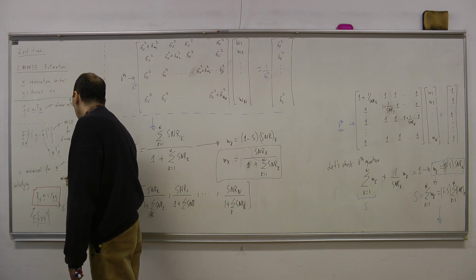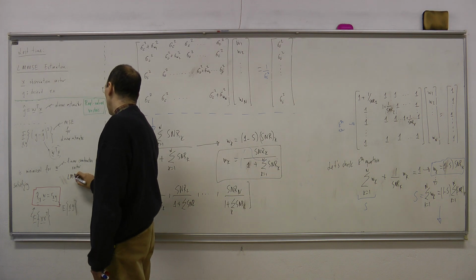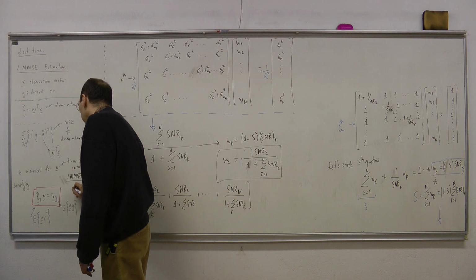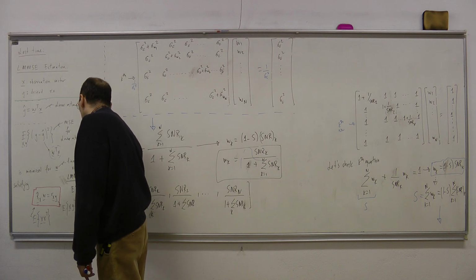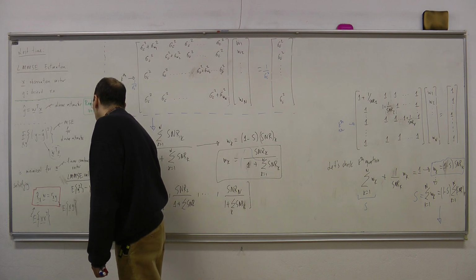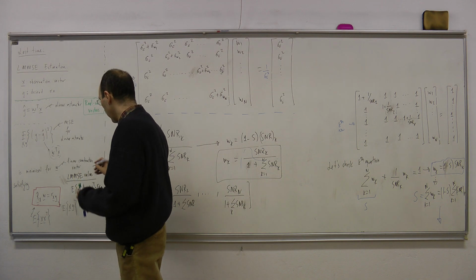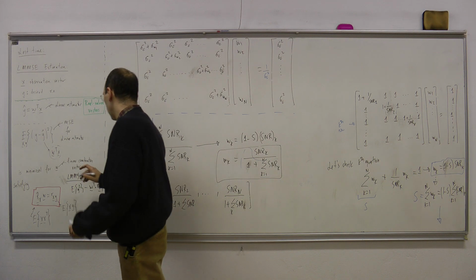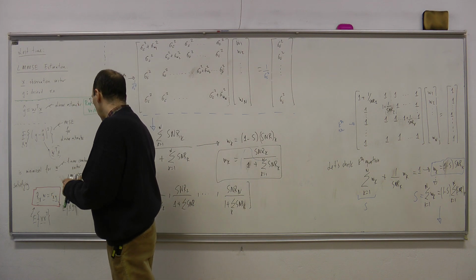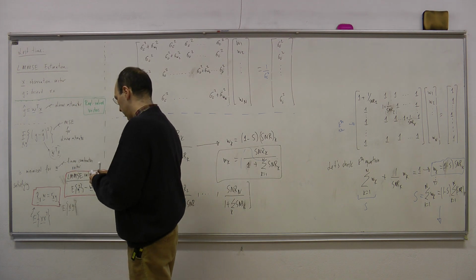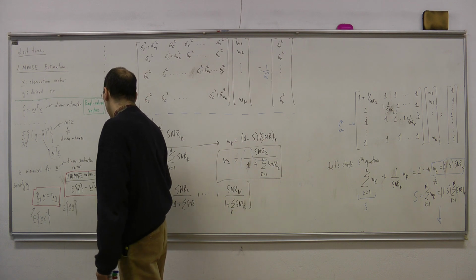The minimum value is the expected value of y squared minus W transpose times RXY. Last time we derived this. So let's calculate this.